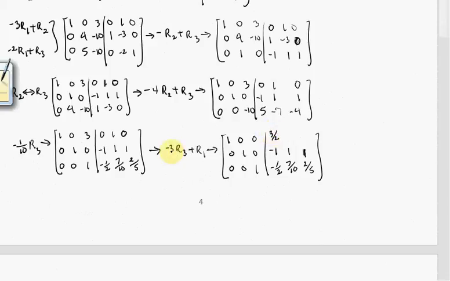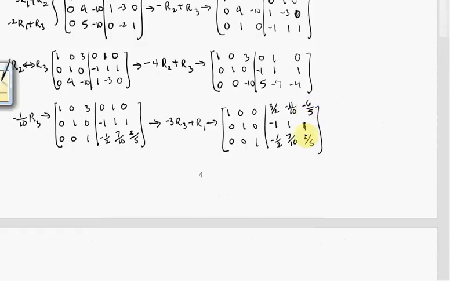And then negative 3 times 7 over 10, so it's negative 21 over 10 plus 1, or just 10 over 10. So it gives us negative 11 over 10. And then negative 3 times 2 over 5, which is negative 6 over 5, plus 0 just gives us negative 6 over 5.